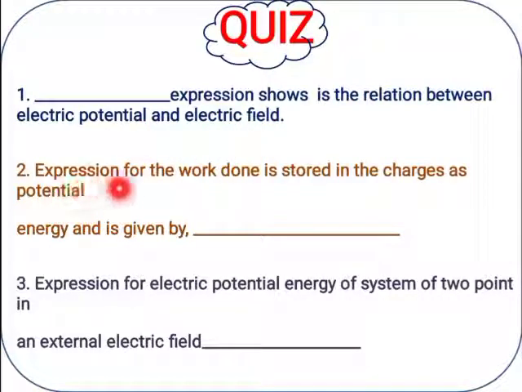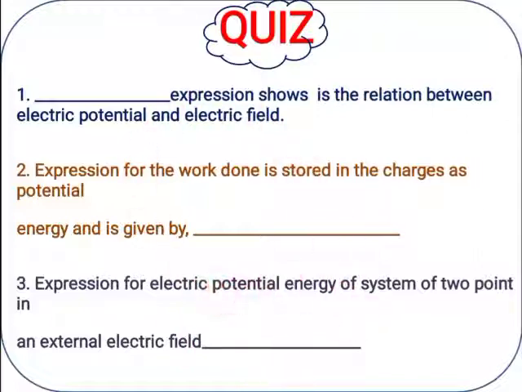Second one: the expression for the work done stored in the charges as potential energy is given by dash. Third: the expression for electric potential energy of a system of two points in an external electric field, dash.